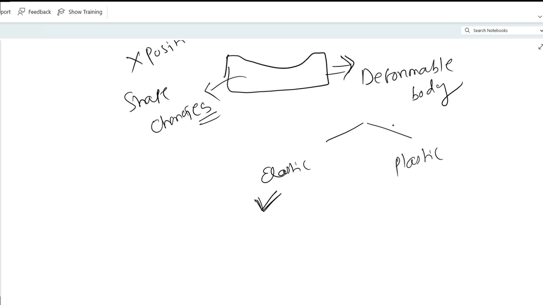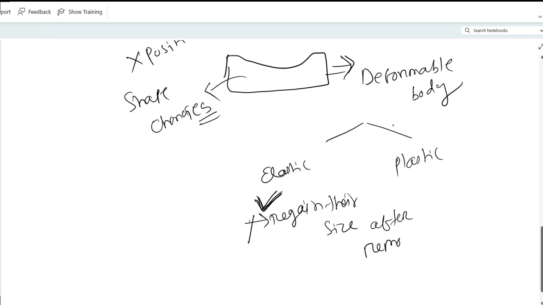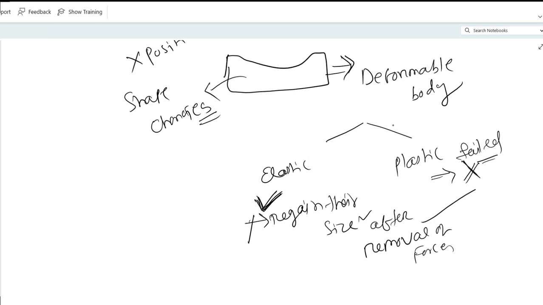This elastic body regains its size after removal of forces. But this plastic body fails to regain its size after removal of forces.